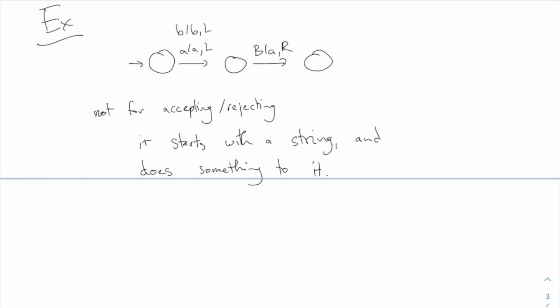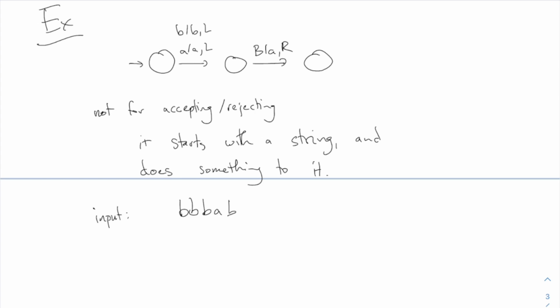Can anybody say what this does to the string on the tape? Maybe we could just do a little example here. So if the input was, let's say, B, B, B, A, B, I don't know. Think about what this Turing machine does.